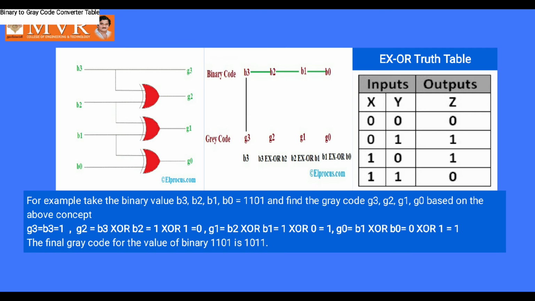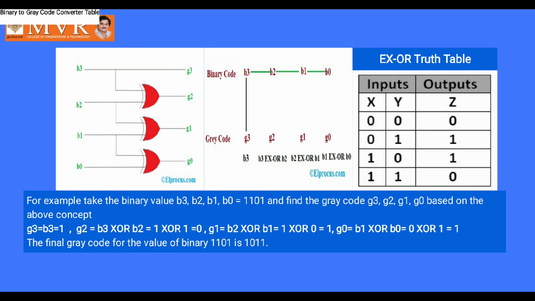Next G1. G1 is the XOR operation of B2 and B1. Here B2 is 1, B1 is 0. If you perform XOR for 1 and 0, because they are two different input values, the output will be 1 from the given truth table. That's why the G1 value is calculated as 1.